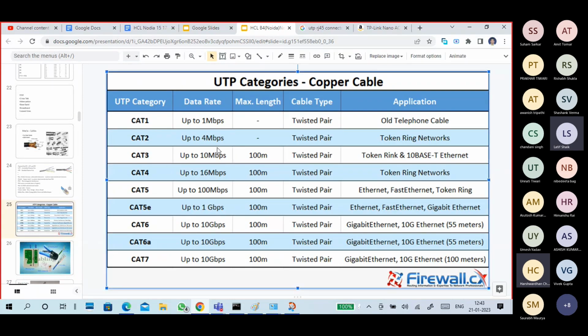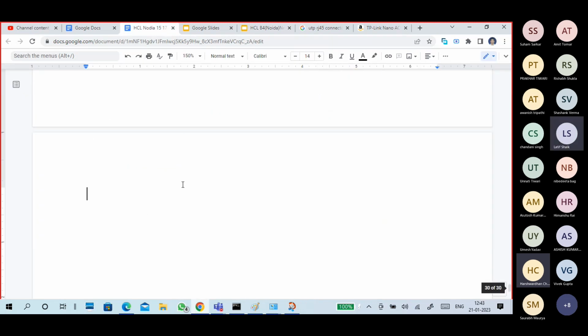I will also show you a few things, like the categories. We have cables, and the cables also have categories. UTP or STP cables come in categories. So I am writing different categories. First of all, the Cat6 cable.